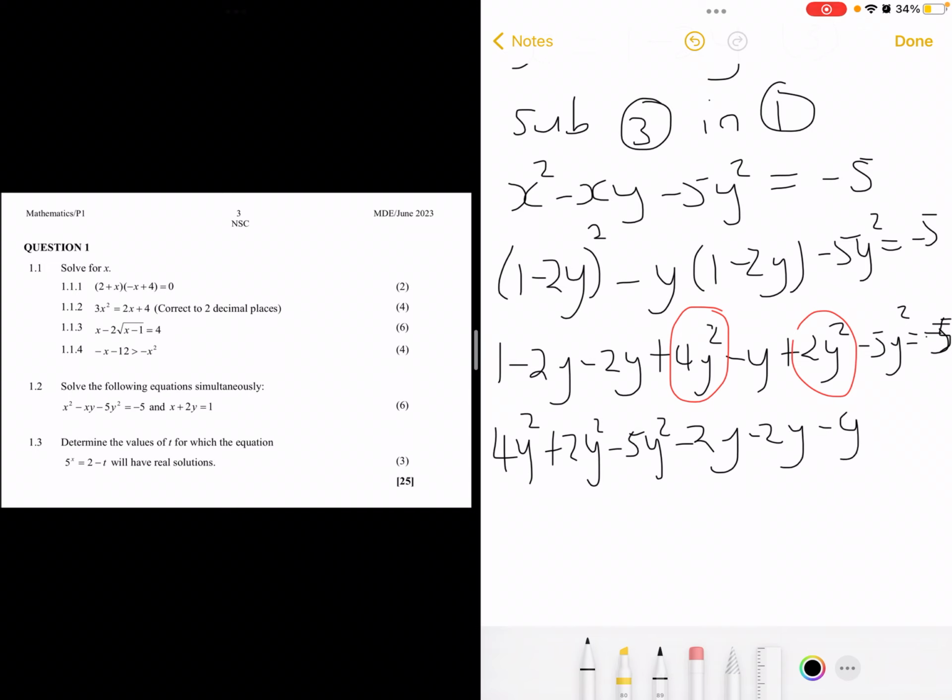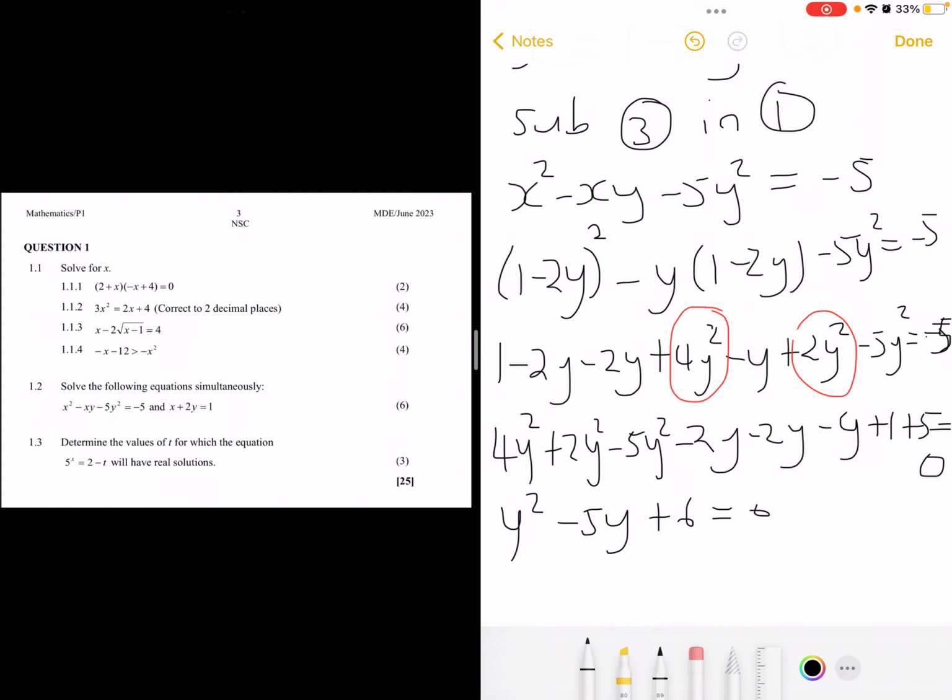Then I deal with the ones that don't have any variables, so it's a plus 1 and a plus 5 equals 0. Then now we can sum up. 4 plus 2 minus 5 will give us y squared, minus 2 minus 2 minus y will give us a minus 5y, and that will give us a 6 plus 6 is equal to 0.